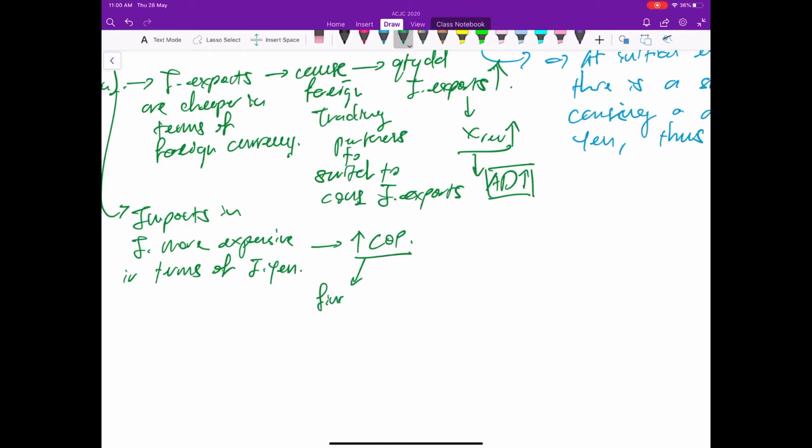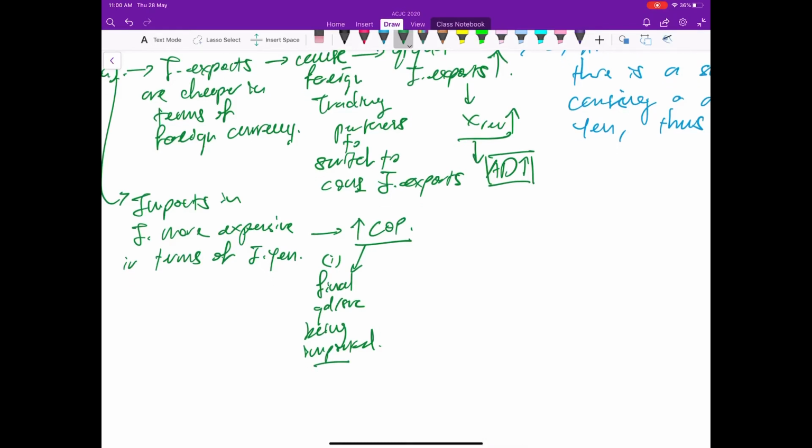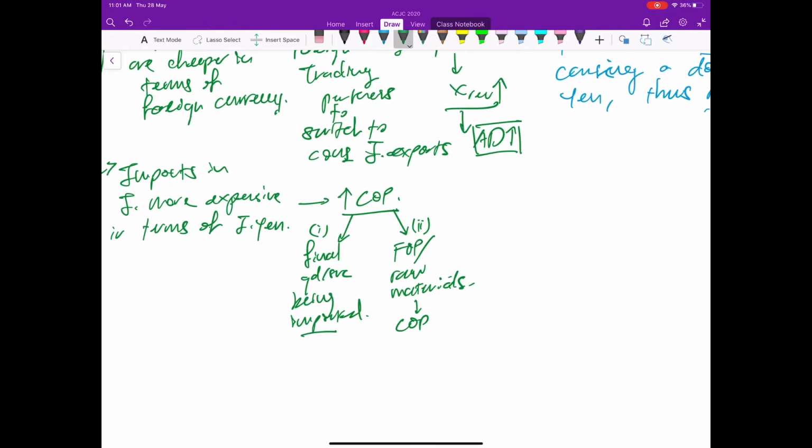If you import the final goods and services, then this directly means that the price of the final goods and services are more expensive. But if you import factors of production or raw materials, then this would increase the cost of producing goods and services in Japan as well.